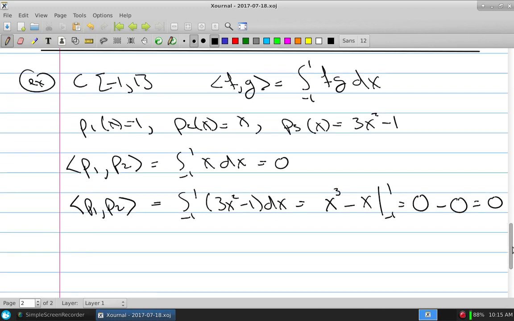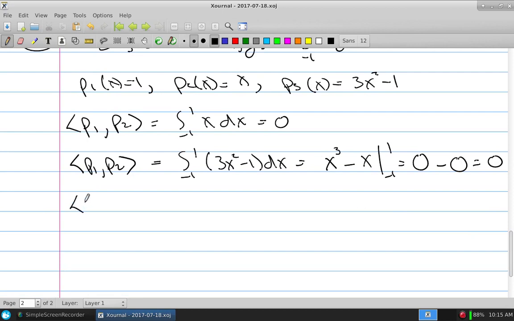And then I just have to check what? P2 and P3, which is going to be the integral from negative 1 to 1 of x times that, which is 3x cubed minus x dx. What are all the powers? Odd. 0. You can integrate it, but it's all odd, 0. We're good. Is everybody okay with that?